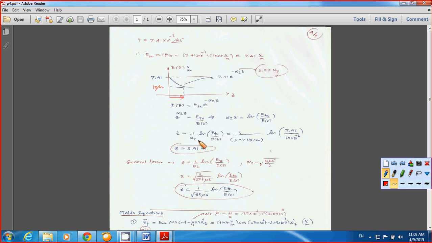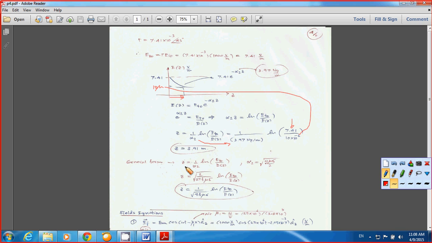So you plug in the numbers here. You have alpha 2 as 3.97 nepers per meter, and you have E_t0 starting from 7.41, and you want to detect the signal at 10 microvolt per meter. Then you end up with the depth to be 3.91 meters.